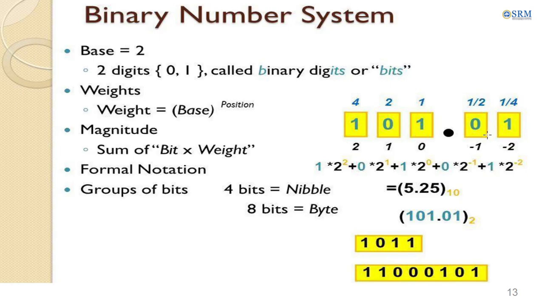Please note this representation: the colored notation is in binary, and the black notation is the binary-equivalent decimal, 5.25. This is also a method of binary to decimal conversion by multiplying each bit by its weight.